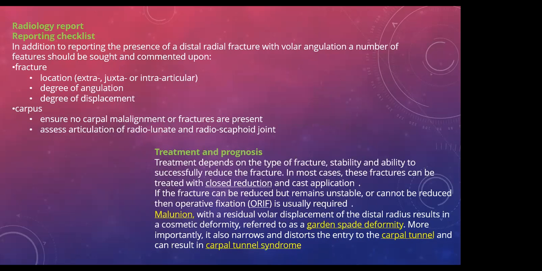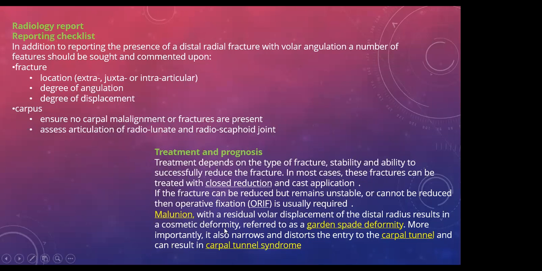Treatment depends on the type of fracture, stability, and ability to successfully reduce the fracture. In most cases, this fracture can be treated with closed reduction and cast application. If the fracture is reduced but remains unstable, or cannot be reduced, then operative fixation is usually required.